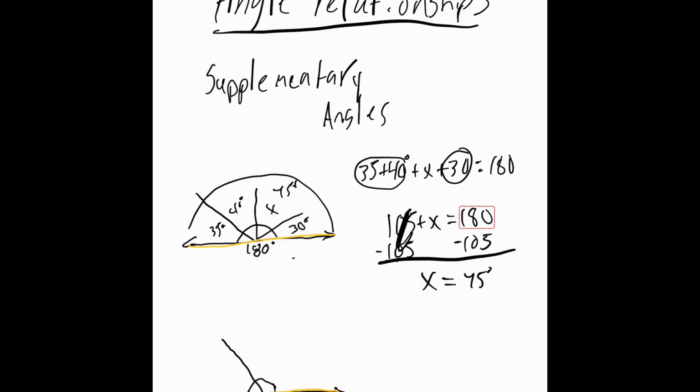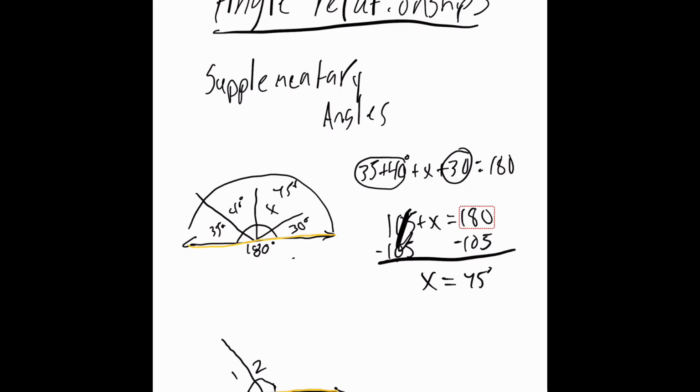Okay, so the reason they're called a linear pair is because, first off, there's two of them, 1, 2, and second of all, they make a straight line. Okay, so linear pair falls under the category of supplementary relationships because it is specifically two angles that add up to equal 180.